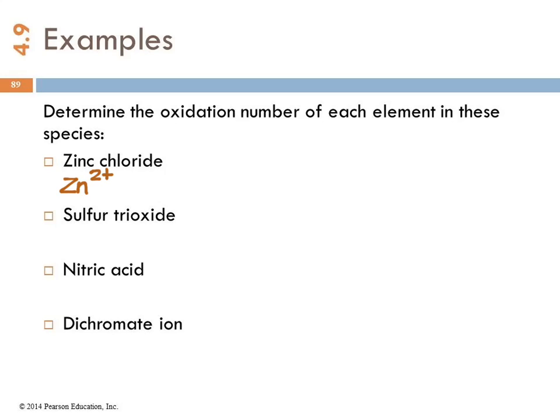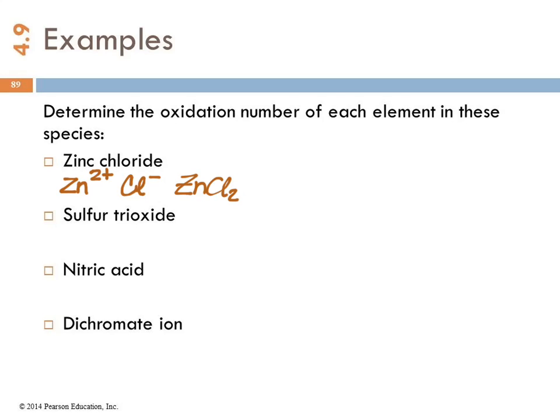Because it's zinc, it's groups 1, 2, 3: zinc, and silver. We go aluminum, zinc, silver, 3, 2, 1. So zinc is 2+, and chloride is -1. And so they form this compound ZnCl2, right? There's the formula.